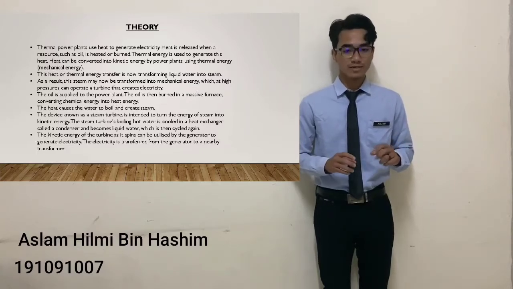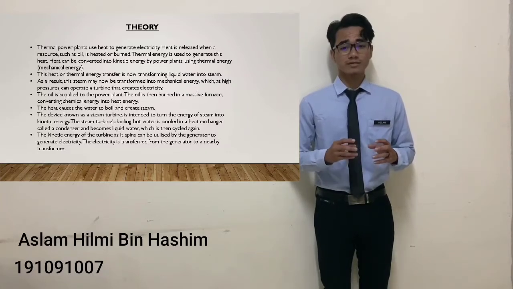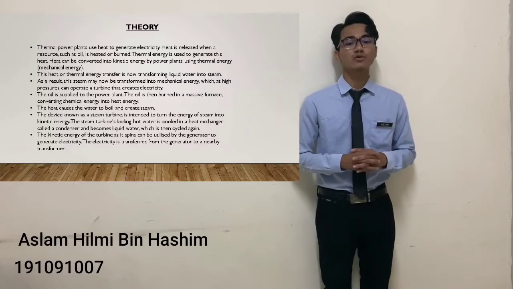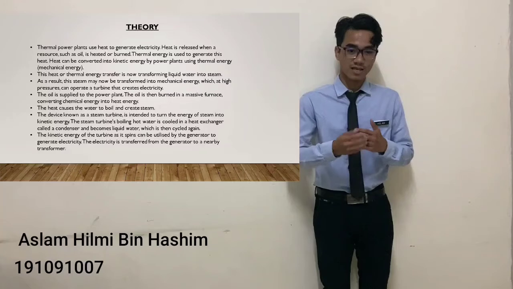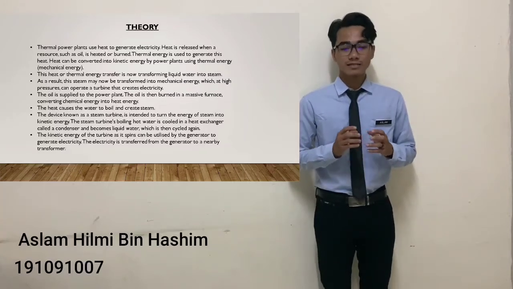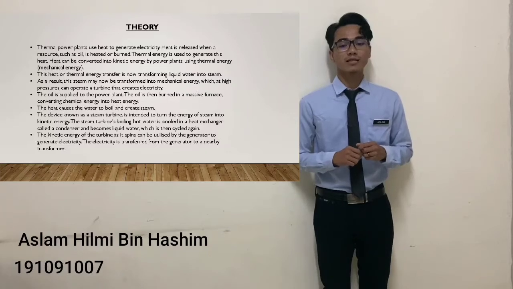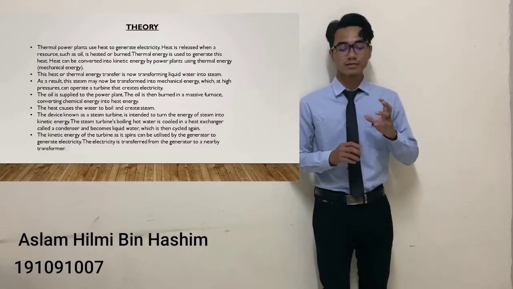The steam from the turbine is cooled in a heat exchanger called a condenser and becomes liquid water, which is then cycled again. The kinetic energy of the turbine can be utilized by the generator to generate electricity.